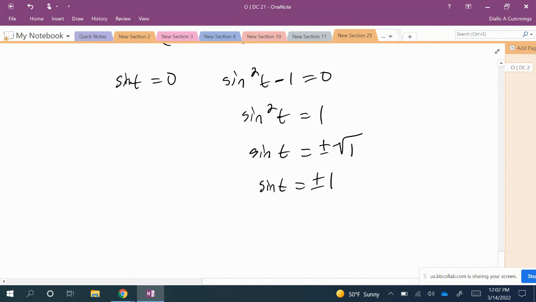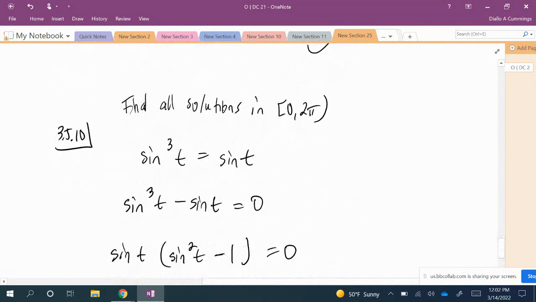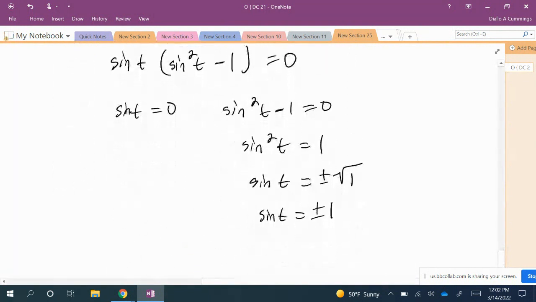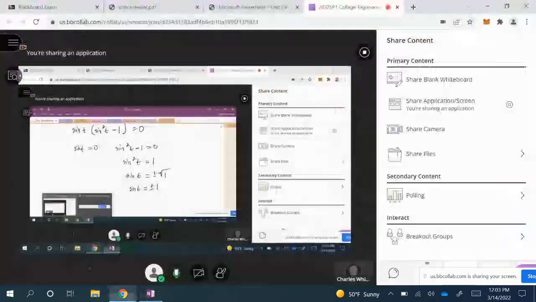All right, so I need to find the angles, right, in the interval from 0 to 2 pi that have a sine of 0 and a sine of plus or minus 1. All right, so let's find all of the angles that have a sine of 0 first.